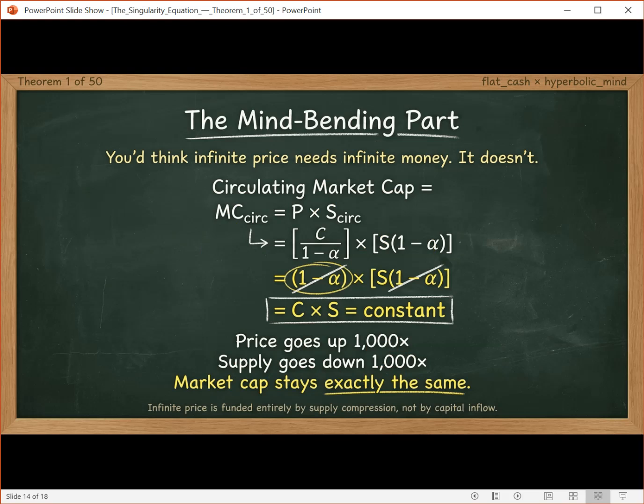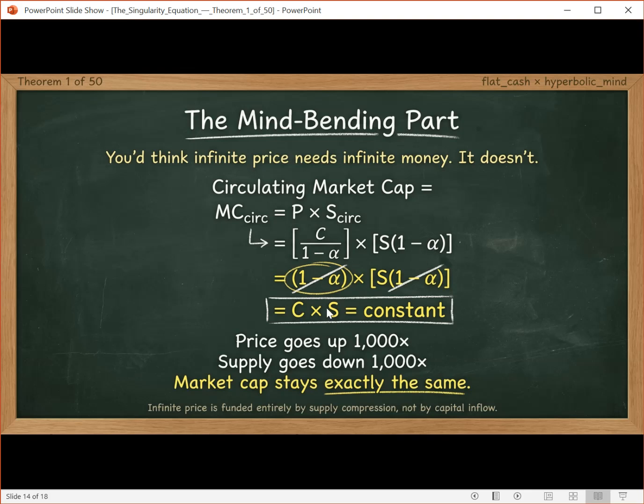It doesn't. So if you take circulating market cap, that is basically equal to price times circulating supply S. We know that price can be substituted by C divided by 1 minus alpha, and circulating supply we can represent as S times 1 minus alpha. So therefore 1 minus alpha basically cancels out from the denominator and numerator.